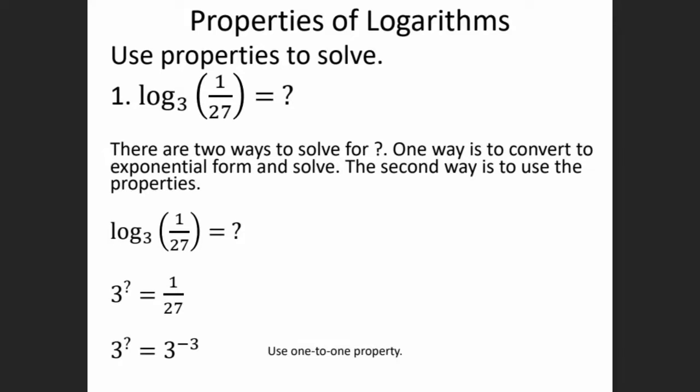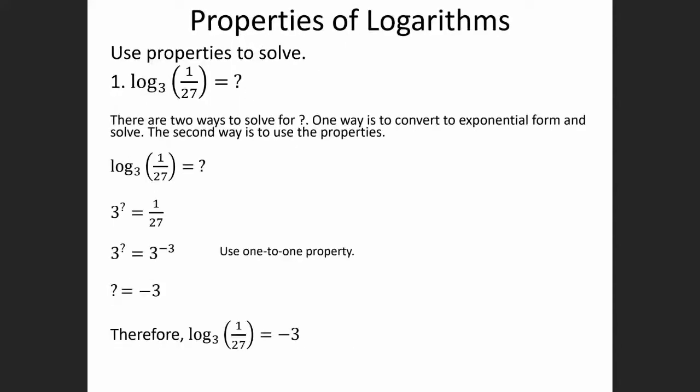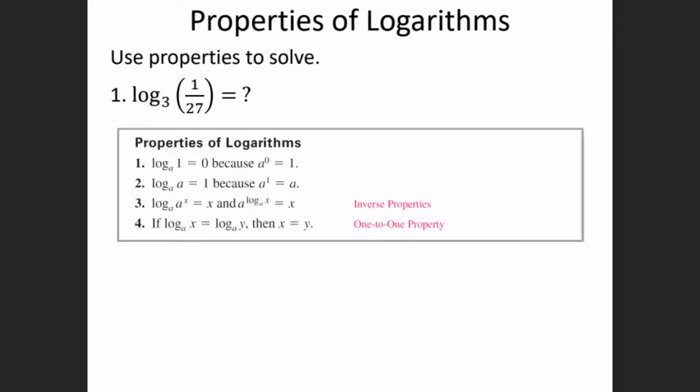Log of base 3 of 1 over 27 would be 3 to the negative third power. Okay? And again, applying my basic rules, and at the end, finalizing with my one-to-one property. All right. So let's go ahead and review some of the properties that we use.